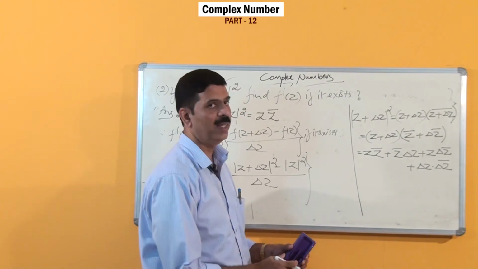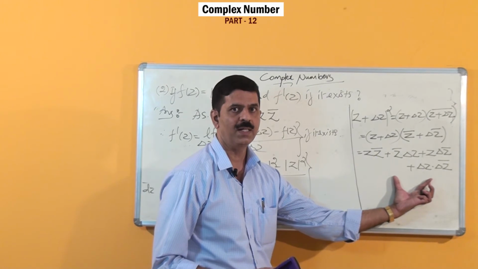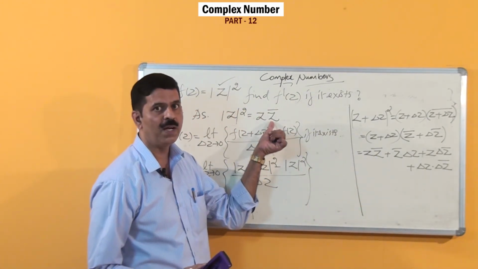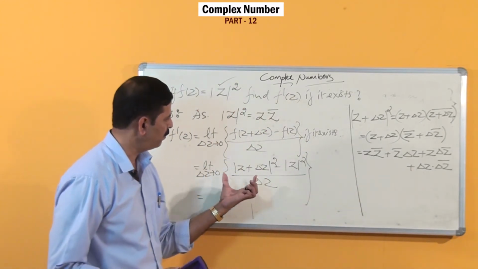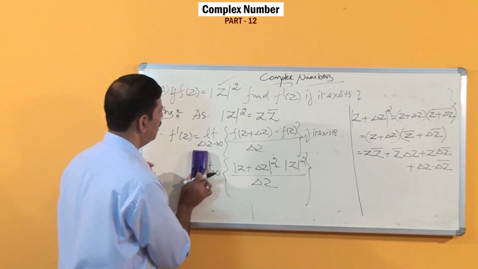Therefore ultimately mod z plus delta z whole square becomes this. And also we know that mod z square is equal to z z bar. Go back, substitute here, and find the limit.